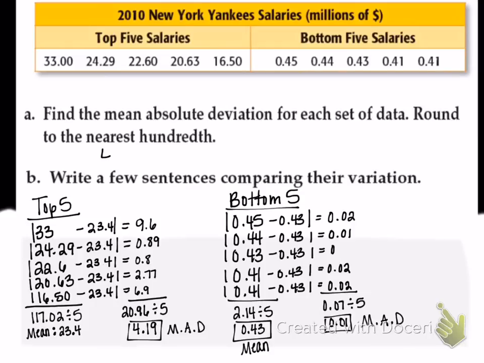Because 4.19 is greater than 0.01, we would say that the top 5 salaries are more spread apart than the bottom 5 salaries. Or we may say that the bottom 5 salaries are much closer together because 0.01 is a very small mean absolute deviation. So again, when we're talking about variation, we are talking about the spread of the numbers.